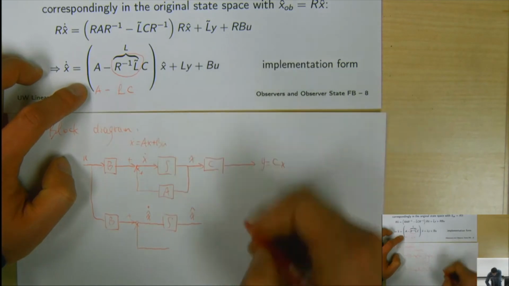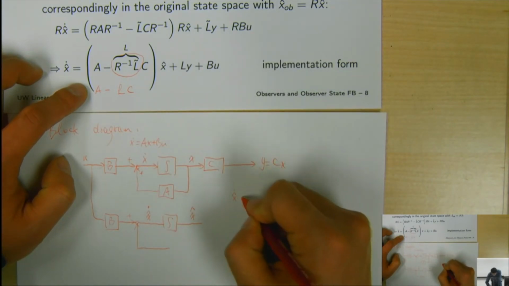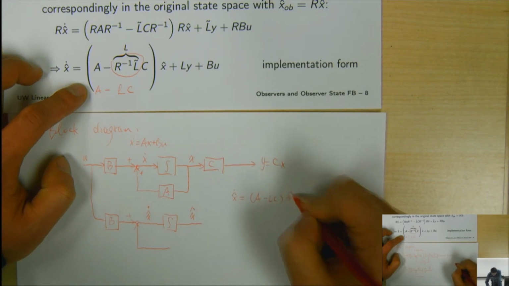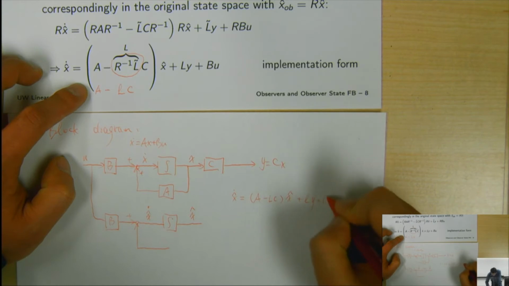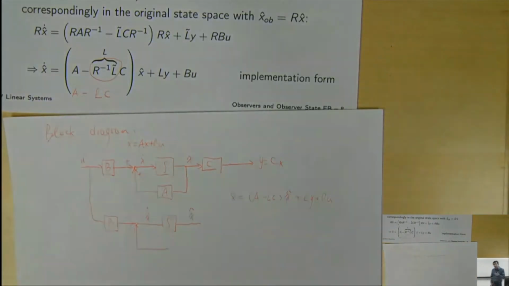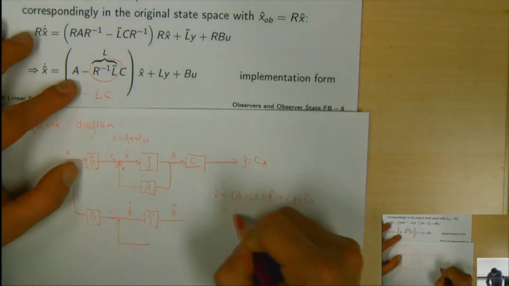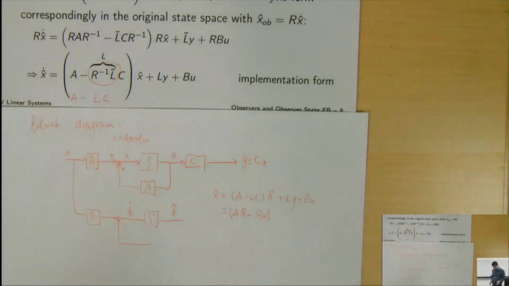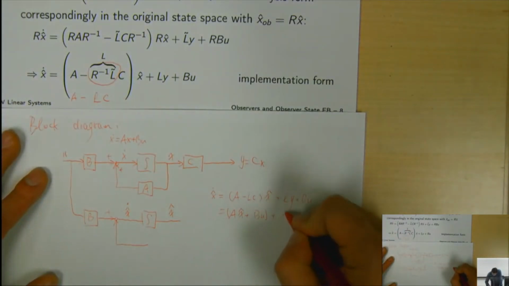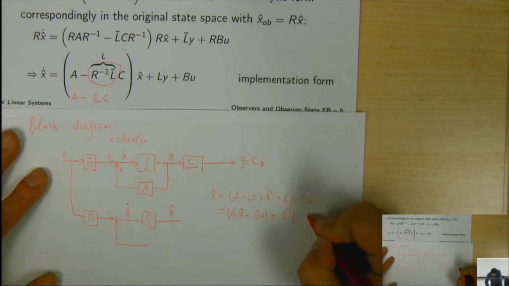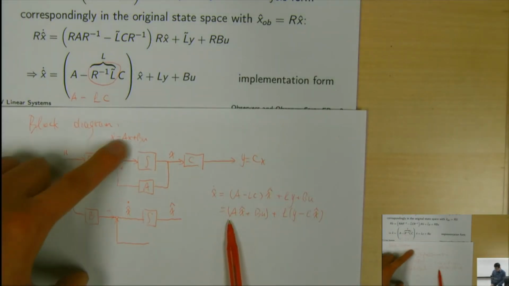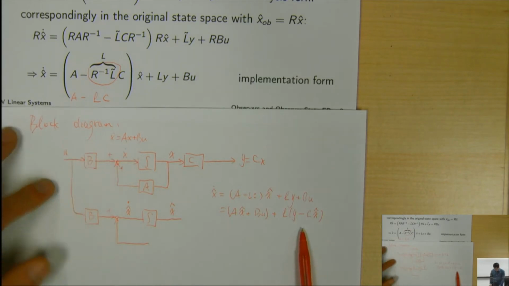So x hat dot equal to A minus LC times x hat plus Ly plus Bu. Or in another way, you can write it as a copy of the original system dynamics, A x hat plus Bu, and then plus the correction term.